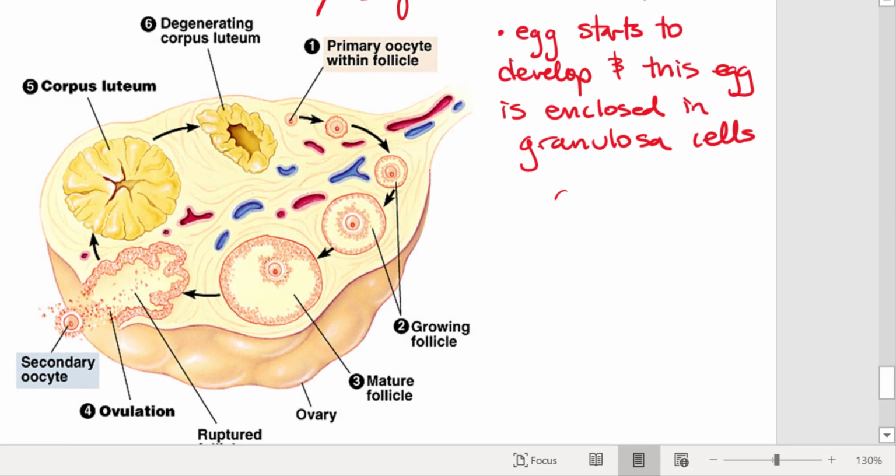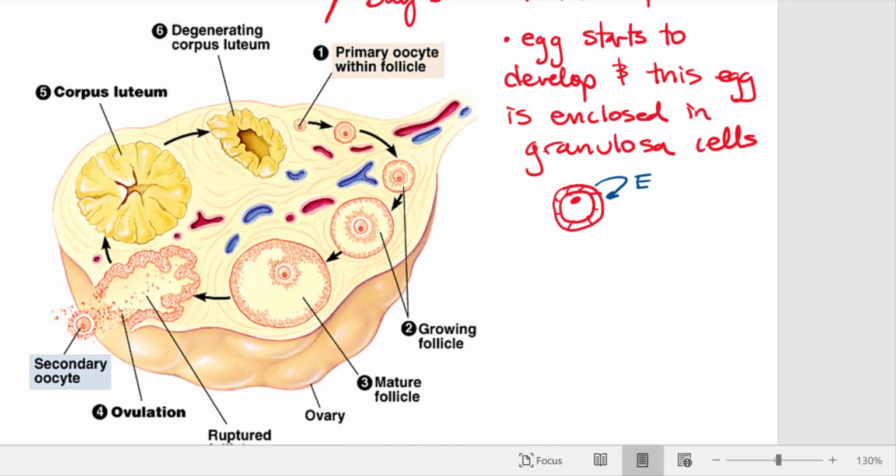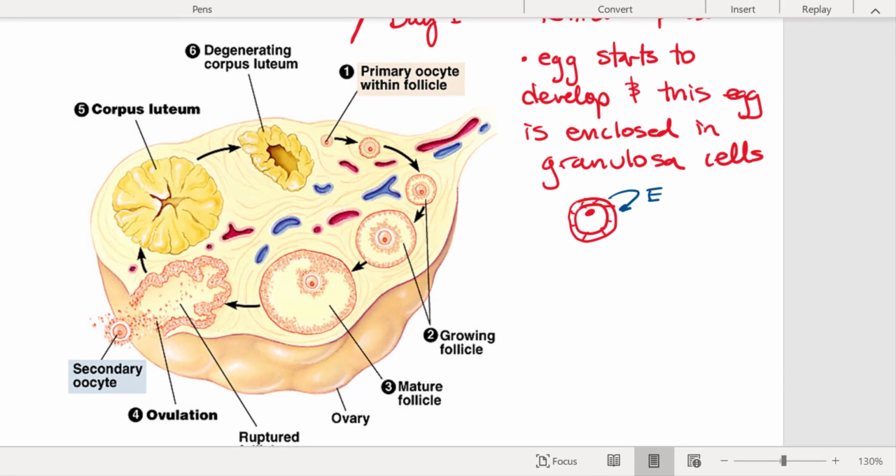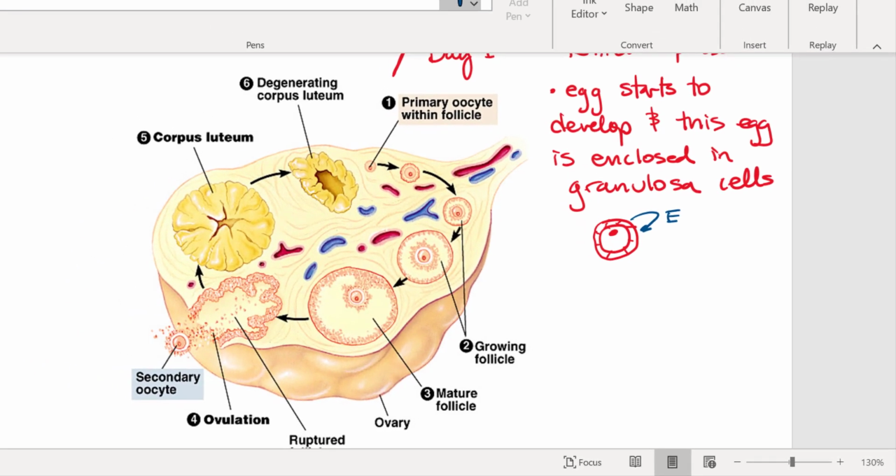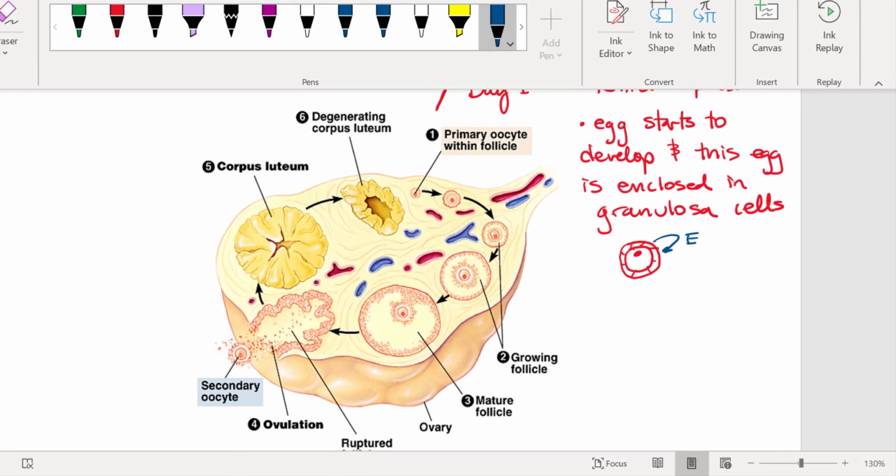Imagine we've got a little circle here, we've got our egg in there, and then around that follicle, we've got all these cells, and these are our granulosa cells. And what's interesting is these are producing estrogen, and what that does is it actually causes more granulosa cells to develop.